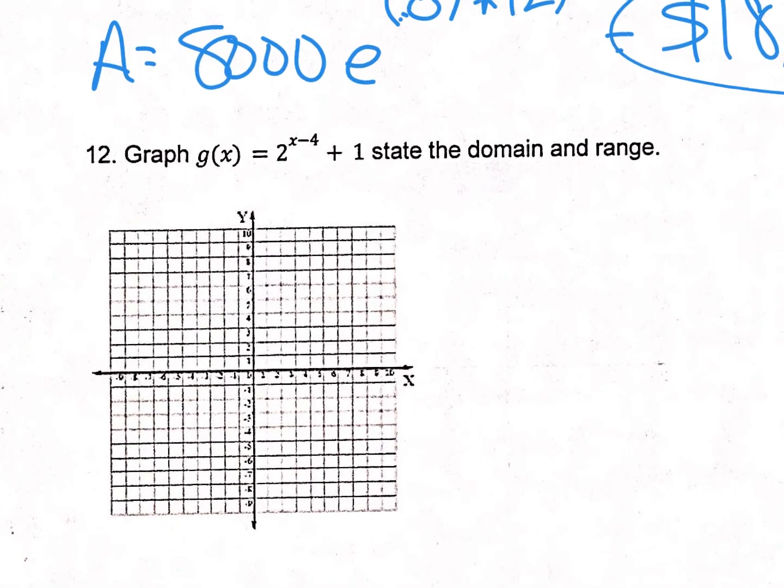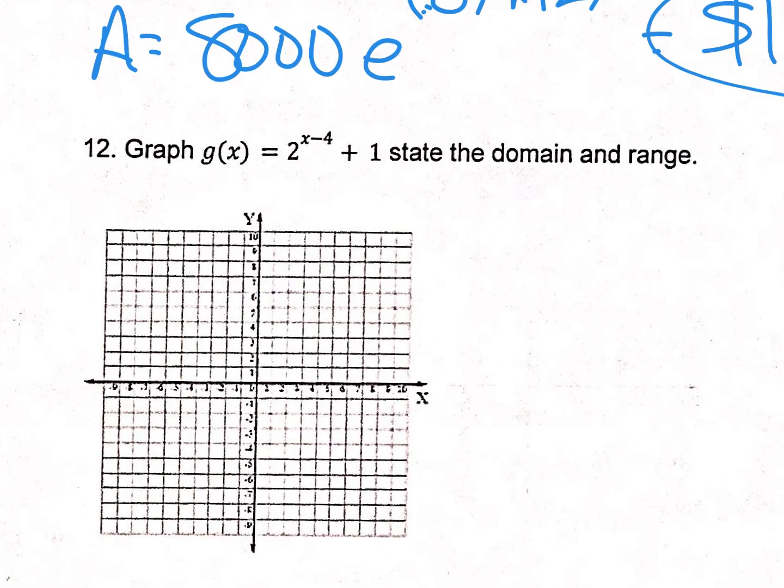Okay, number 12. Graph this and state the domain and range. That's exponential, which means the asymptote's usually the x-axis, but because I got this plus 1 out here, the asymptote ends up being up 1. And also usually I go up to a point right there, but because there's a -4, I'm going to go right 4 from right there. So right there is my first point.